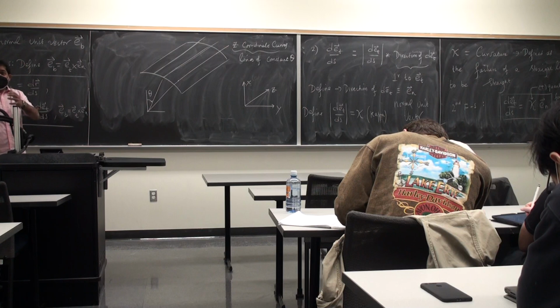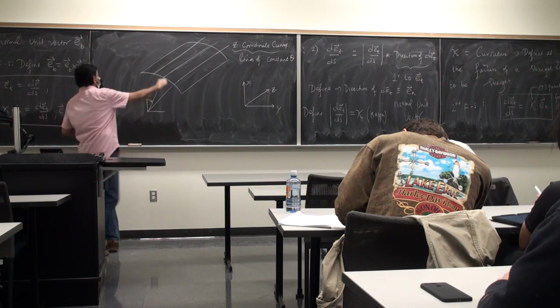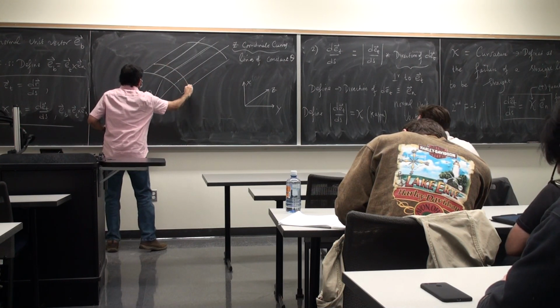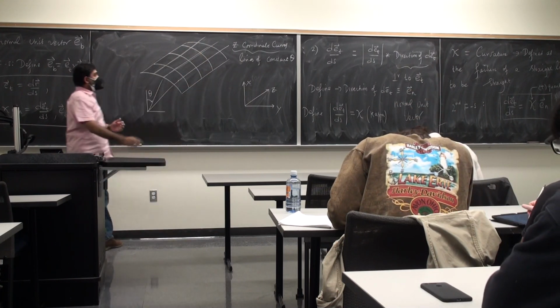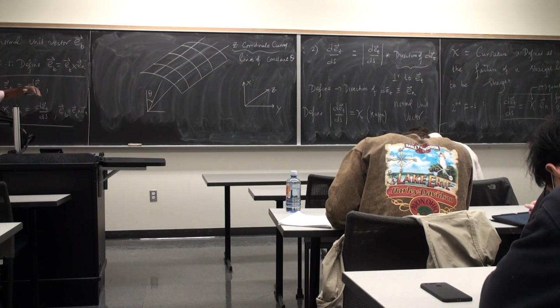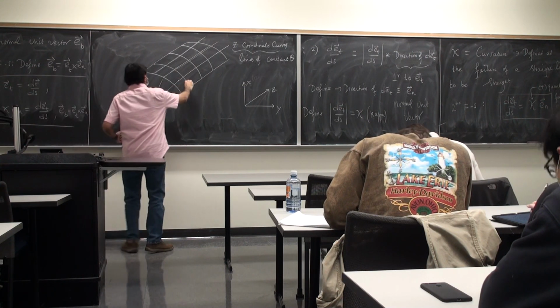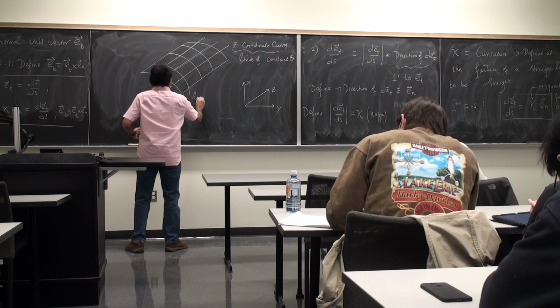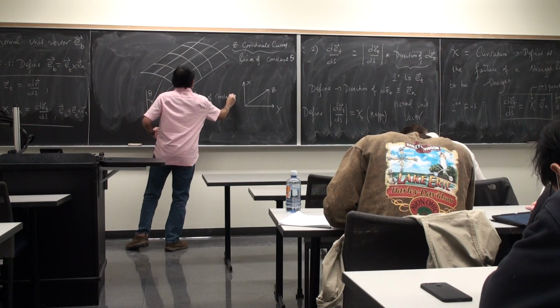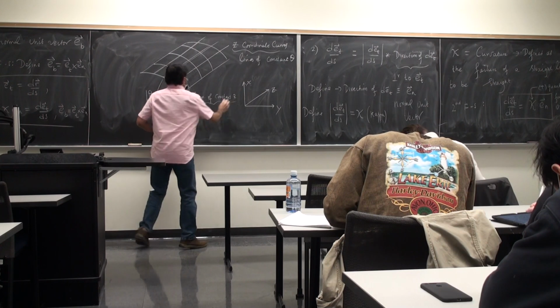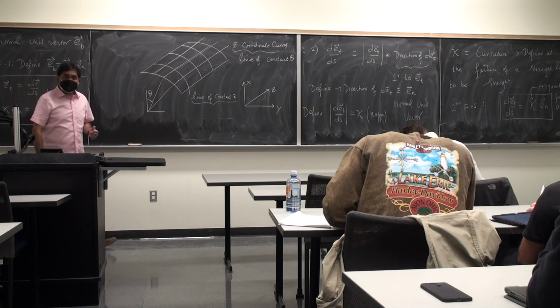And I could have lines of constant z as well. If I look at one of those curved lines, that's a line of constant z. These are called the theta coordinate curves.